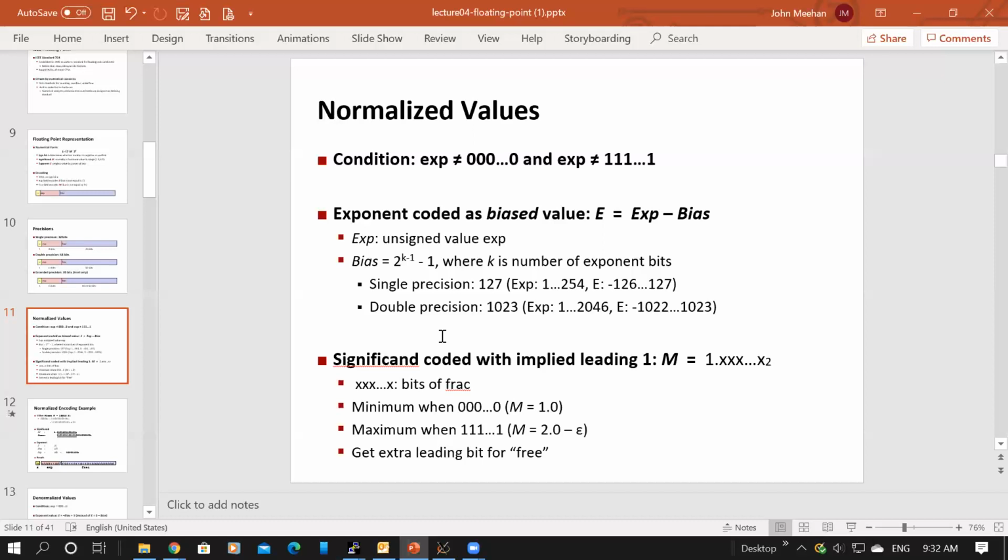Now, for storing the significand, the fractional part, think about putting something in that quote scientific notation form like you learned in school with decimal numbers. 3.14. You always have one thing to the left of the decimal point.